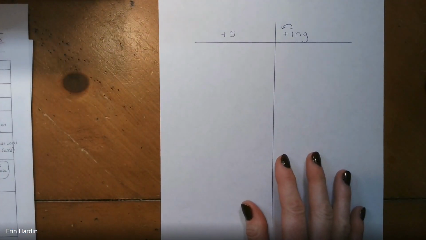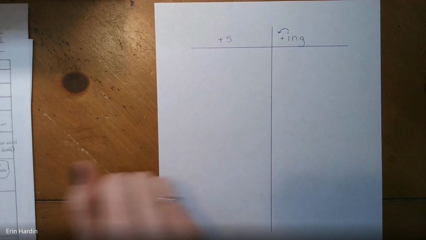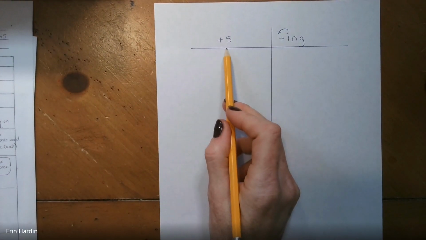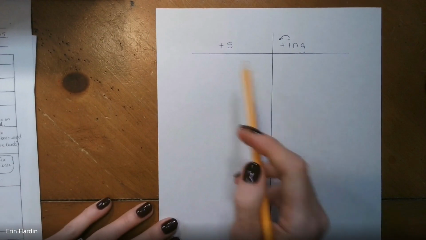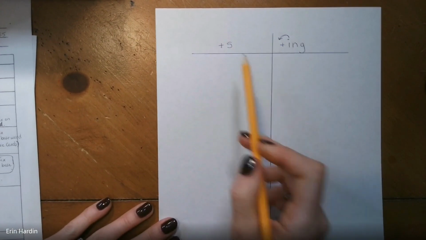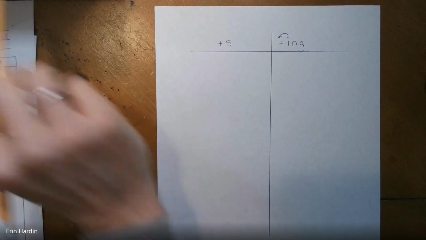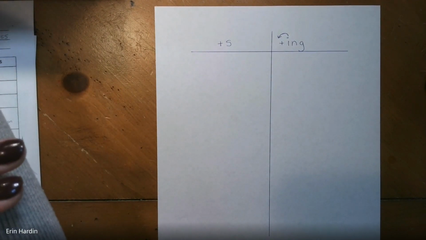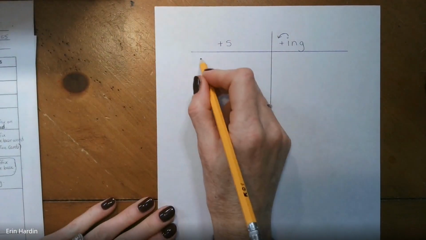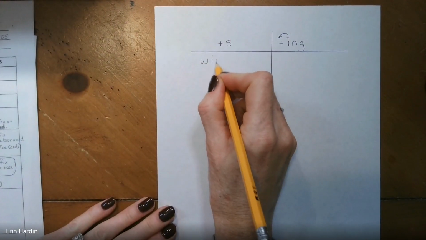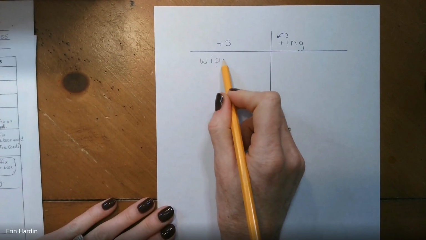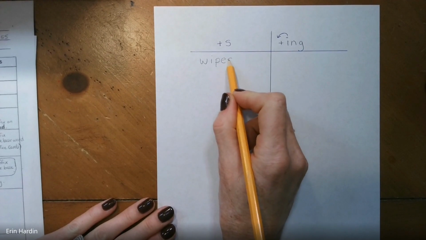So the first word is wipe. I would have the student put it on their arm. We're going to make wipes. And they're going to think about what suffix do they hear? Wipes. We're adding S. So they're going to put it on their arm. W, I, P, and then add that S. Here they need to think that for that I to say I, they need that E, and then we add the S.